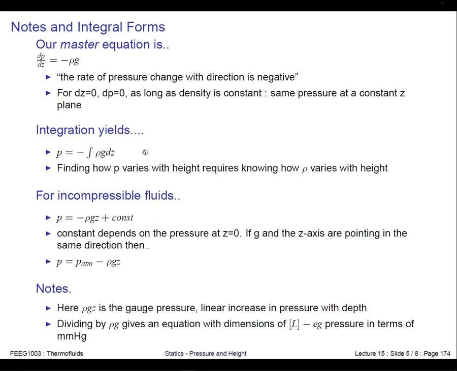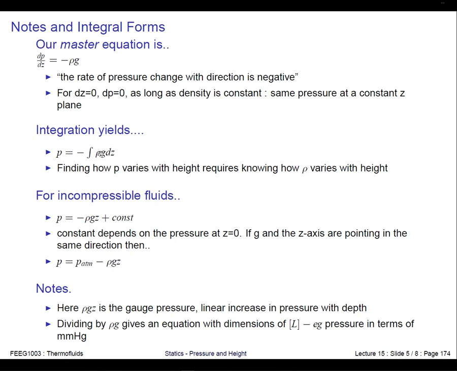If we integrate the integral of dp, we end up with p, and then we end up with the integral of rho g dz. With g we don't have to worry because it's constant and doesn't depend on z, but we have to be a little bit careful about density.